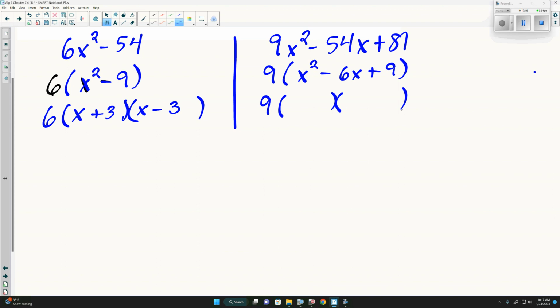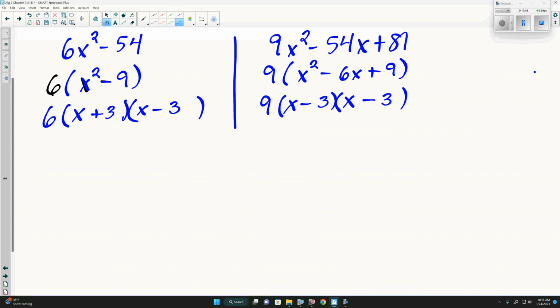Now, when we factor x squared minus 6x plus 9, since the 9 is positive, the signs are the same and they match the sign of the middle term. So negative and negative. Factors of x squared are x and x. And factors of 9 are 3 and 3. So we have x minus 3 and x minus 3. Questions on this so far?